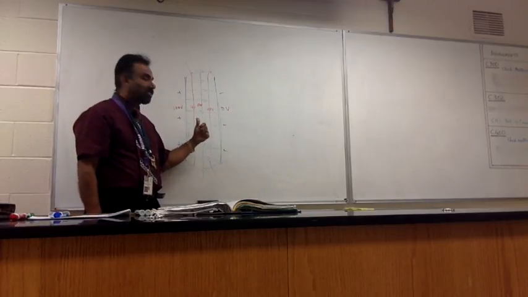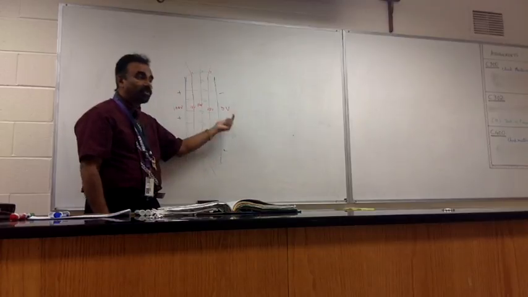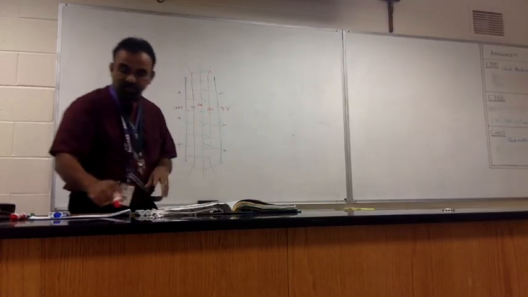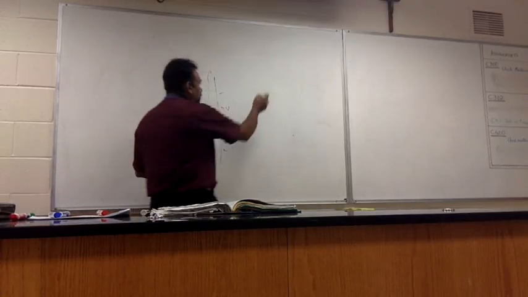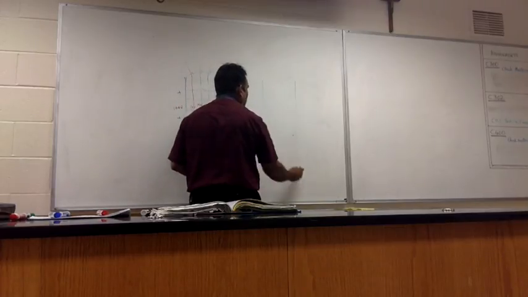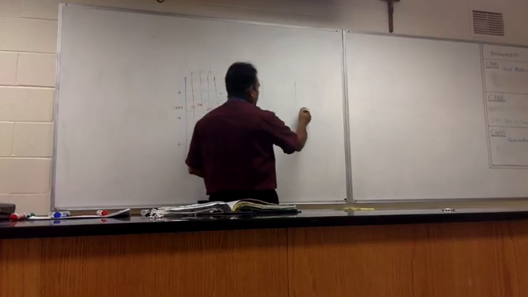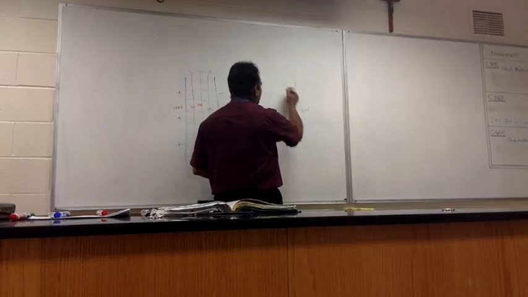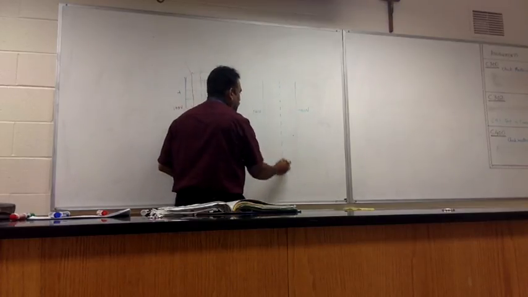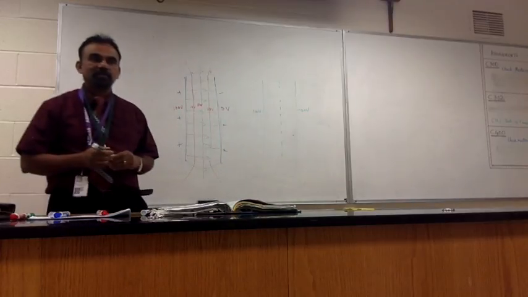Now, it's not necessary that you will always be given 100 and 0. You can be given different numbers. Suppose you are given the electric plates at 100 volts and negative 40 volts. What is the middle line? 30.